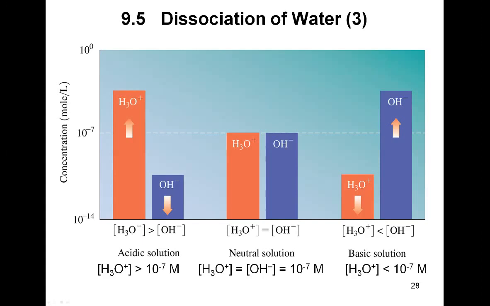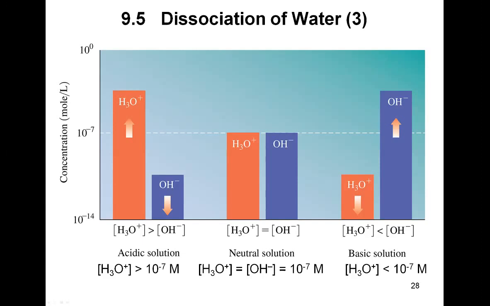So on the left, you have an illustration of an acidic solution. Now, on the contrary, if you have the hydroxide ion concentration being larger than the hydronium ion concentration, which means the hydronium ion concentration is less than 1 × 10^-7 molar, whenever it's under that value, you have a basic solution.